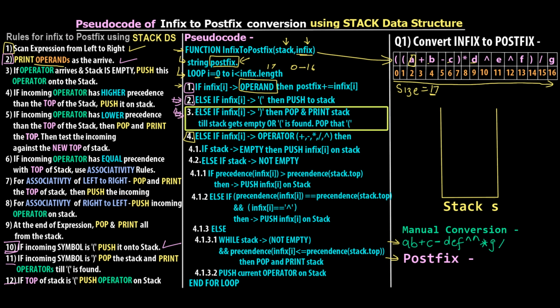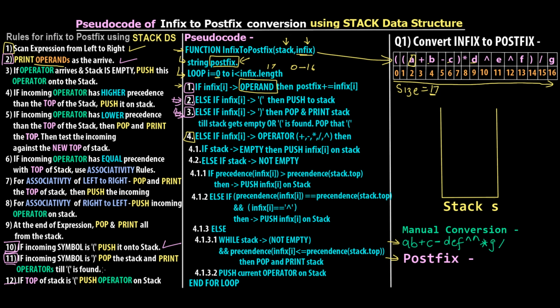In the third else if, we are saying else if infix of I is a closing bracket, then pop and print the stack till the stack gets empty or an opening bracket is found. Now this corresponds to rule number 11. Rule number 11 says if incoming symbol is a closing bracket, pop the stack and print operators till an opening bracket is found, or obviously the stack gets empty.